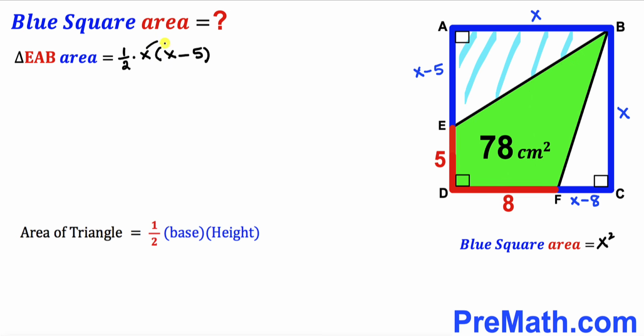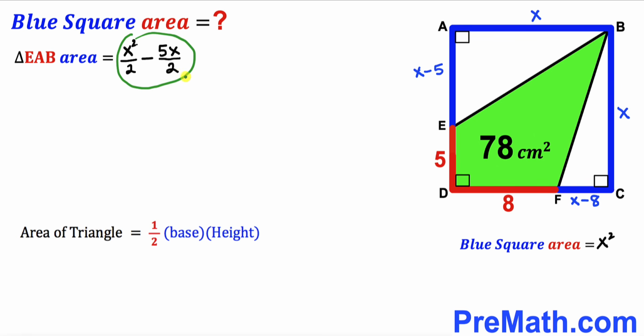Now we distribute, so we can write x squared divided by 2 minus 5x divided by 2. Thus the area of triangle EAB turns out to be x squared divided by 2 minus 5x divided by 2.